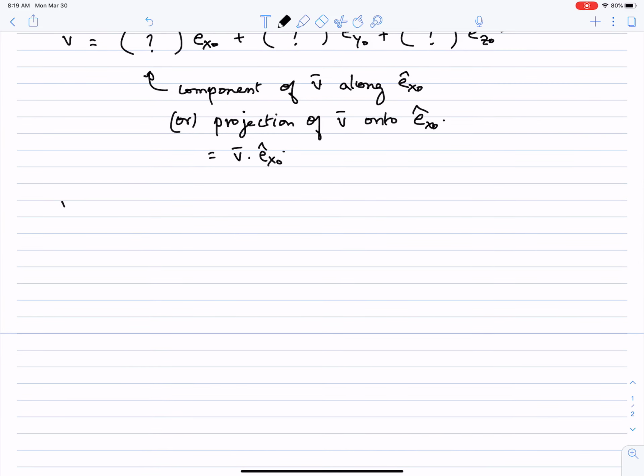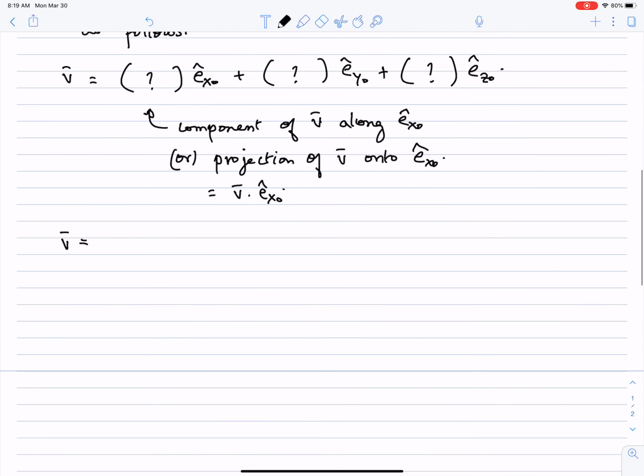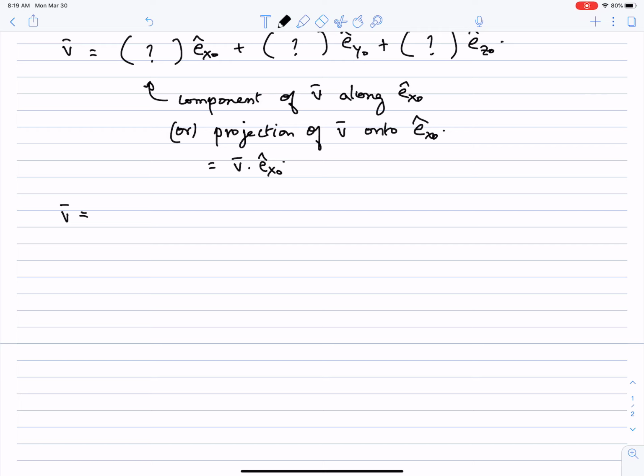So we can write any vector v as v dotted with EX0 plus v dotted with EY0 plus v dotted with EZ0.